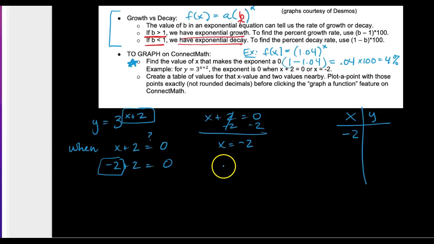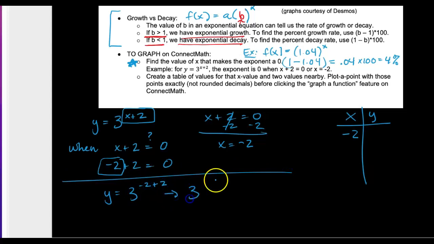If I plug in negative 2, I get y equals 3 to the negative 2 plus 2, which is 3 to the 0 power, and that equals 1. It makes a nice number because when graphing on Connect Math, we want to avoid decimals that need to be rounded, since those are harder to graph. So at least this guarantees one whole number.